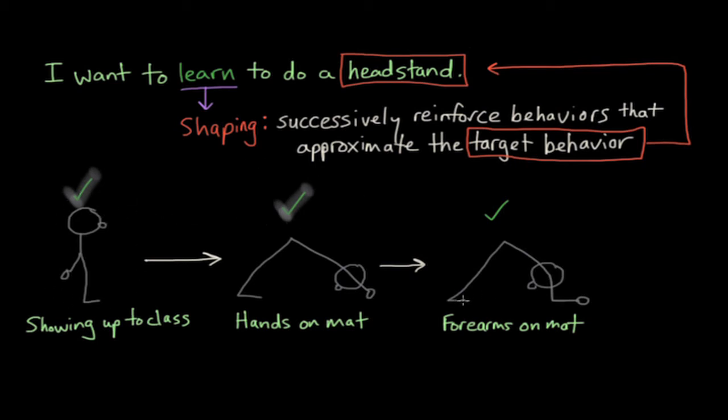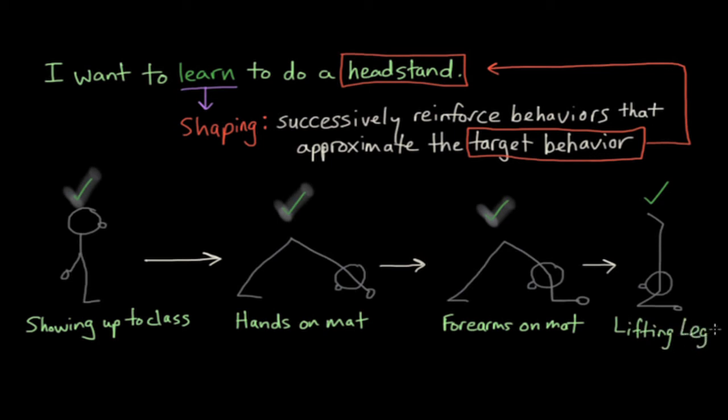But next you're going to have to reinforce the behavior of, let's say, lifting your legs up in the air, which will lead to a headstand. So eventually the forearms on the mat are no longer going to be reinforced, and we'll say you want to reinforce lifting your legs up in the air, which will lead to the headstand. And so this is the behavior we want to reinforce.